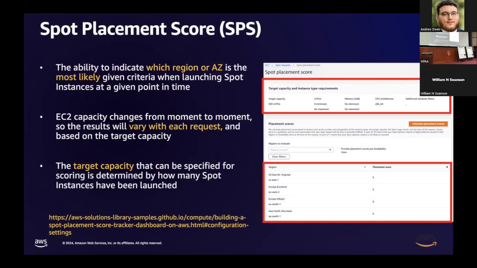One of the other tools that we released recently is the spot placement score. Before you even start provisioning those instances, you can identify the optimal configuration for your use case. By specifying your number of requirements as well as the vCPU and memory requirements, you can see the chances of you acquiring that capacity in a given availability zone or even a given region.